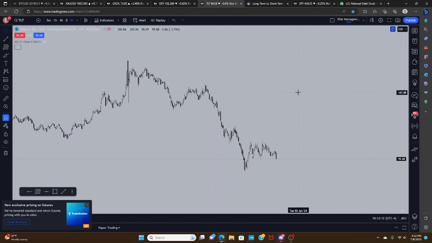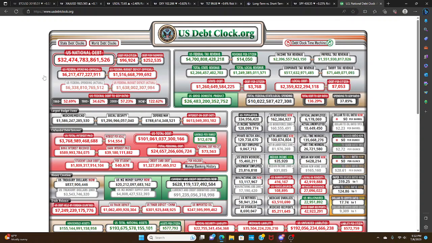But I do want to zoom out again to the big picture and talk about the sovereign debt crisis. So if you combine the U.S. national debt of $32.4 trillion with all the unfunded liabilities down here, you get roughly $200 trillion.